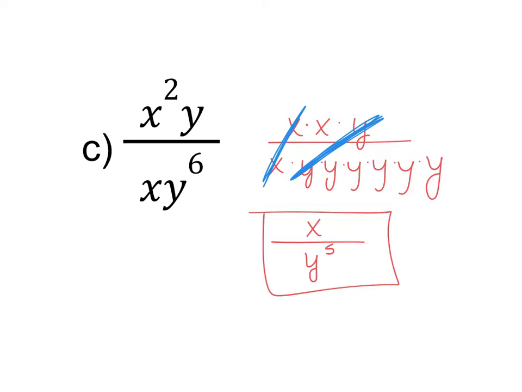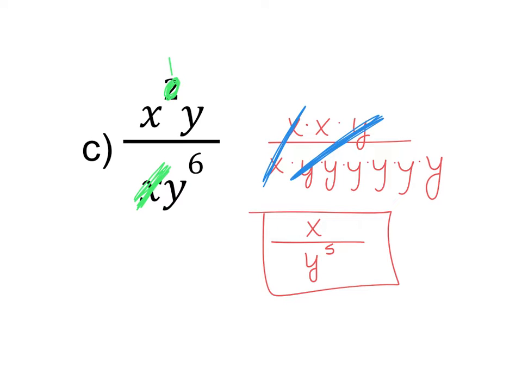Okay, so here's how I would do that exact same problem without writing it out in expanded form. On the next one, this is how I'll do it. Okay, so there's x squared over x. Go back to the original problem. x squared over x. How many can you cancel out of both the top and the bottom? Just 1. So this cancels out to be x to the 1st power.